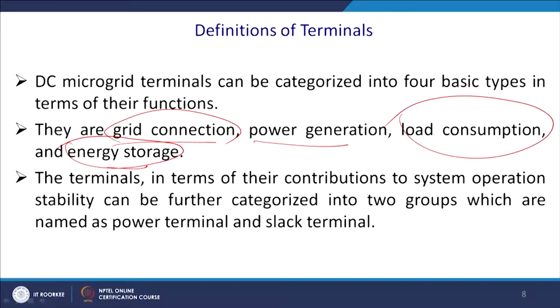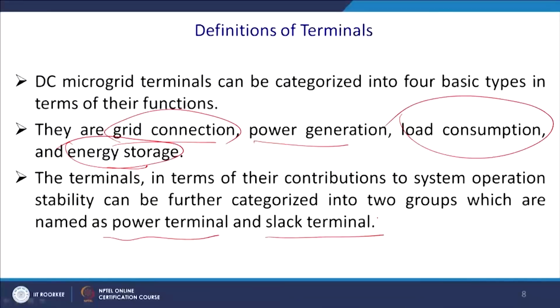Thereafter, the terminals in terms of their contributions to system operation stability can be further categorized into 2 groups, named power terminal and slack terminal. This derivation is taken from the power flow model in a power system, where you have a slack bus and a voltage bus, and similar terms will be there, where the voltage is fixed.